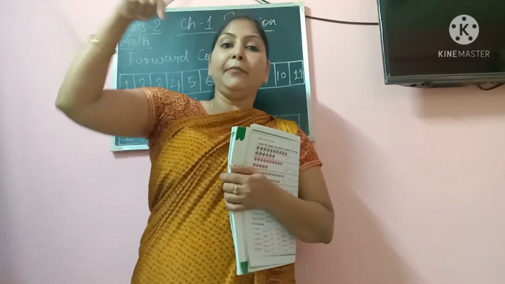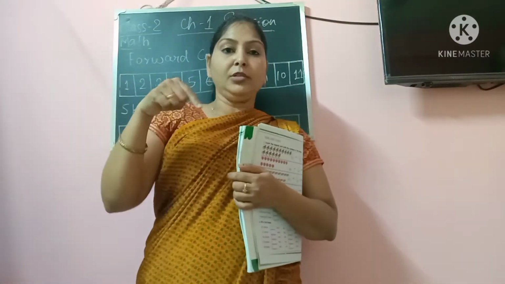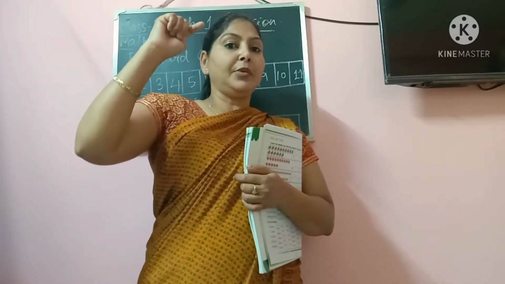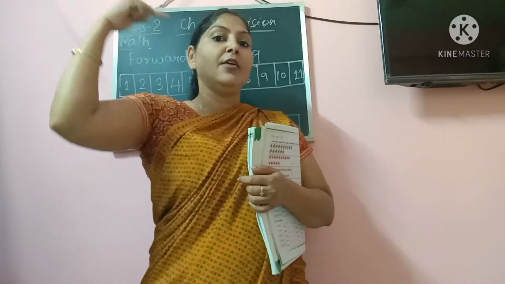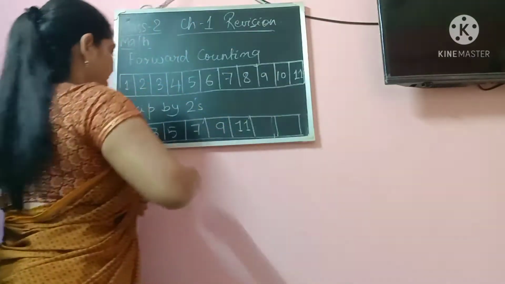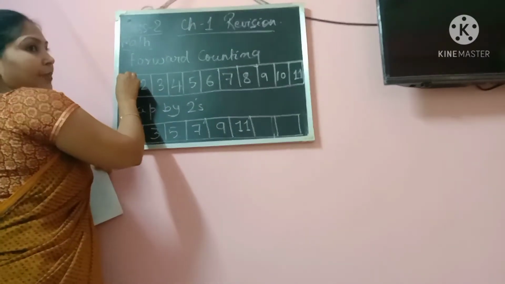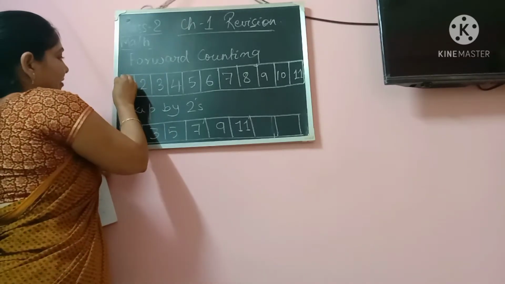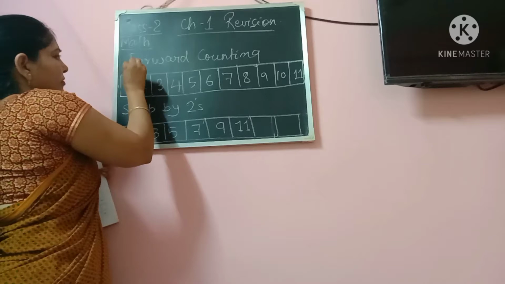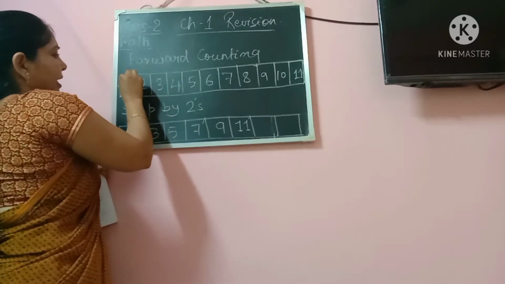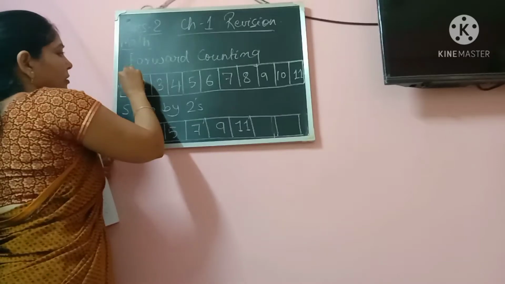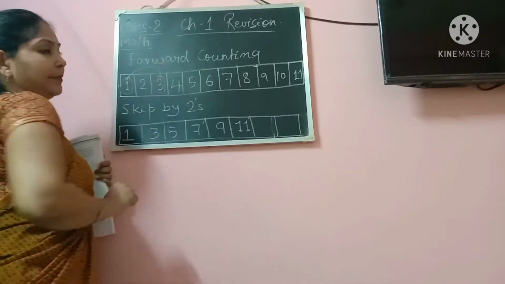Now when I am in the 3 box, again I will jump 2 more boxes, from 3: 4, 5. So here it is 1. I am going to jump 2 boxes. I am here in 1's place. 1, 2. So I am getting 3.